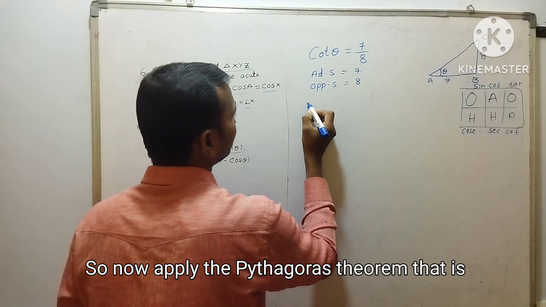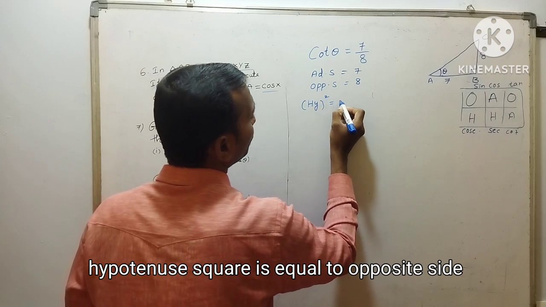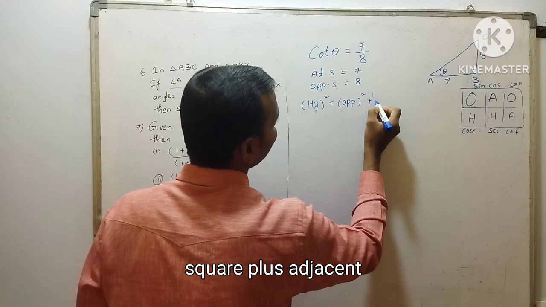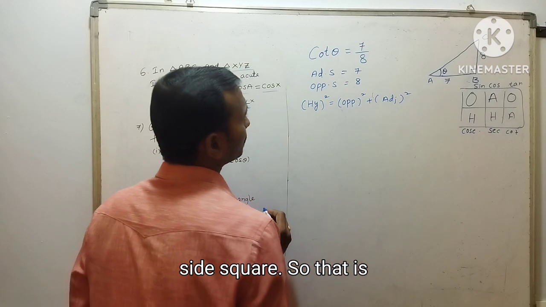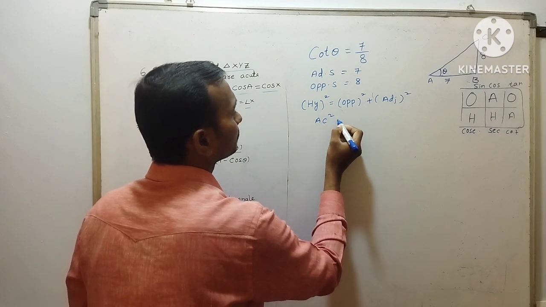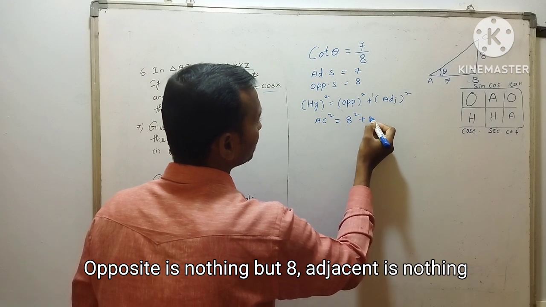So now apply the Pythagoras theorem, that is hypotenuse square is equal to opposite side square plus adjacent side square. So hypotenuse is nothing but AC square, opposite is 8, adjacent is 7.